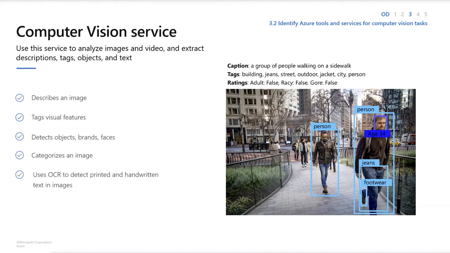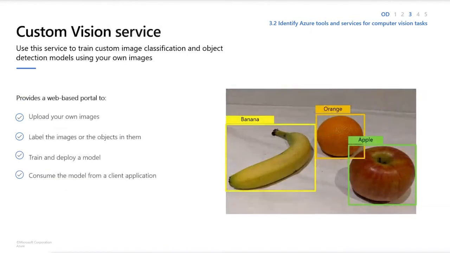We see that there's no type of rating. We don't see anything adult, racy, or gory. But we could also use this if there was text in there, or it can recognize additional things in that image. Where that's going to be a little bit different from custom vision is that with custom vision, you are training the object detection model using your own images.